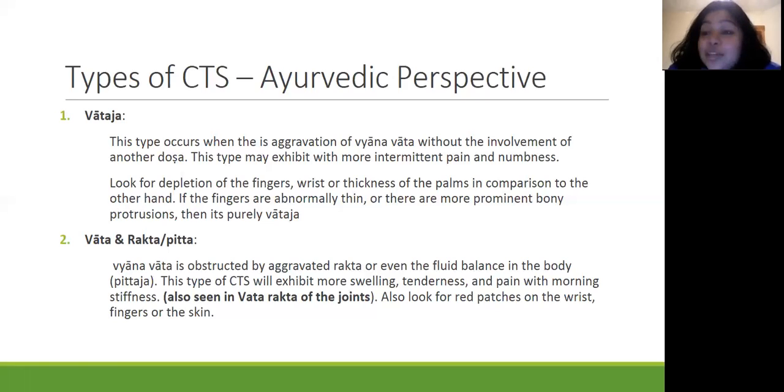One thing that you can look for if you want to figure out if it is a Vataja type or a Vata with Rakta or Pittaja type, in the Vataja type, you want to look for depletion of the fingers. So what I mean by that is you want to examine the fingers, right? And if there's compression here, it is compressing the nerve and the tendons, but to some extent it will be compressing the nutrition that passes from this part of your arm to your hands.